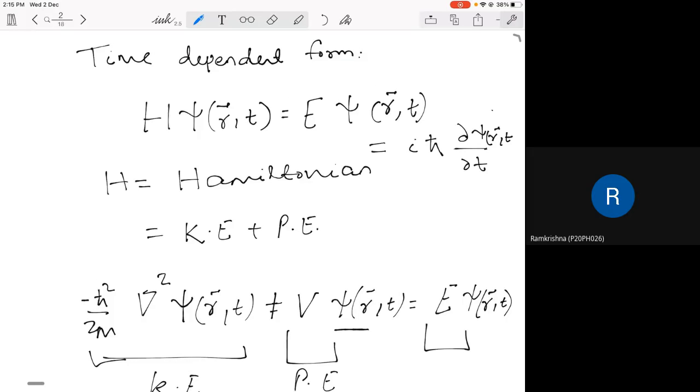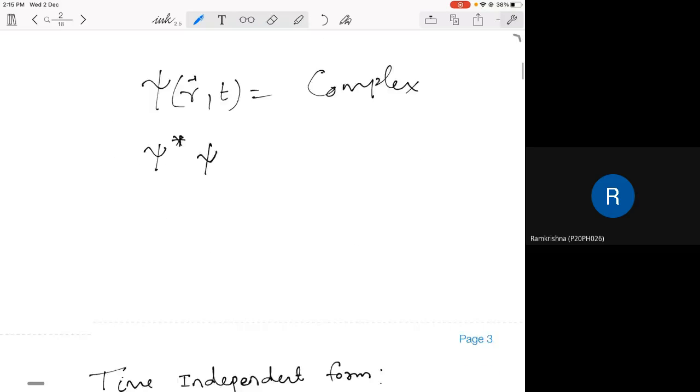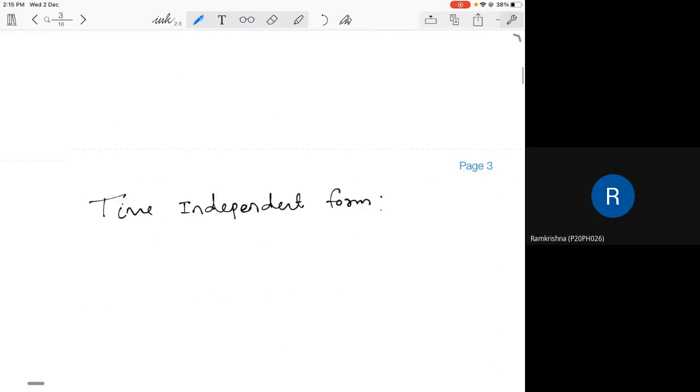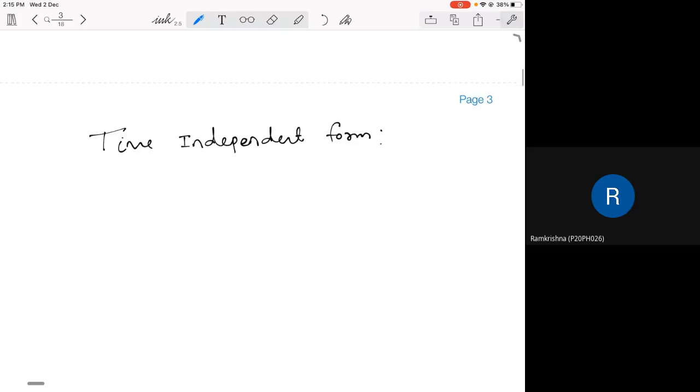Rather you write it like i h cross del by del t, and then you have a version where you can write it down in a time independent form. That means you can separate the position and the time dependence. And how do I write that?